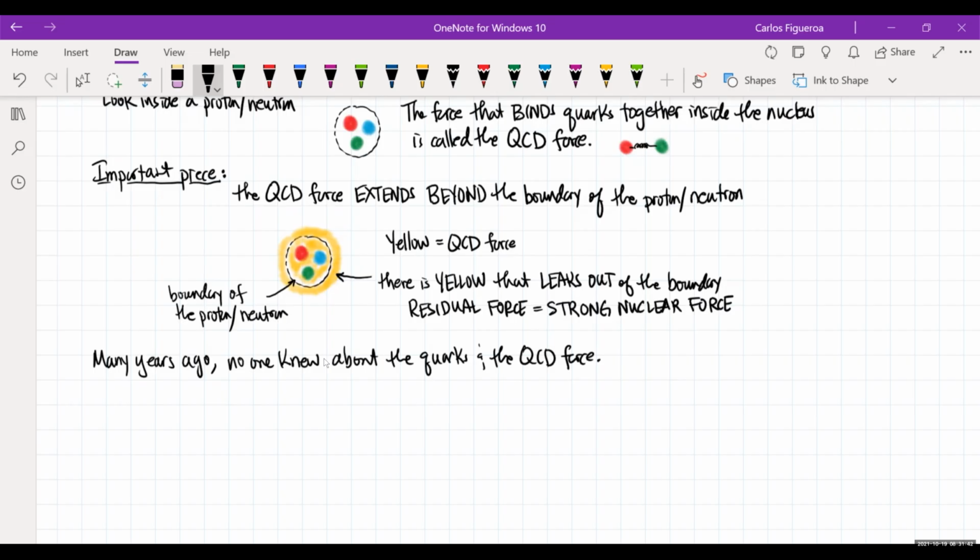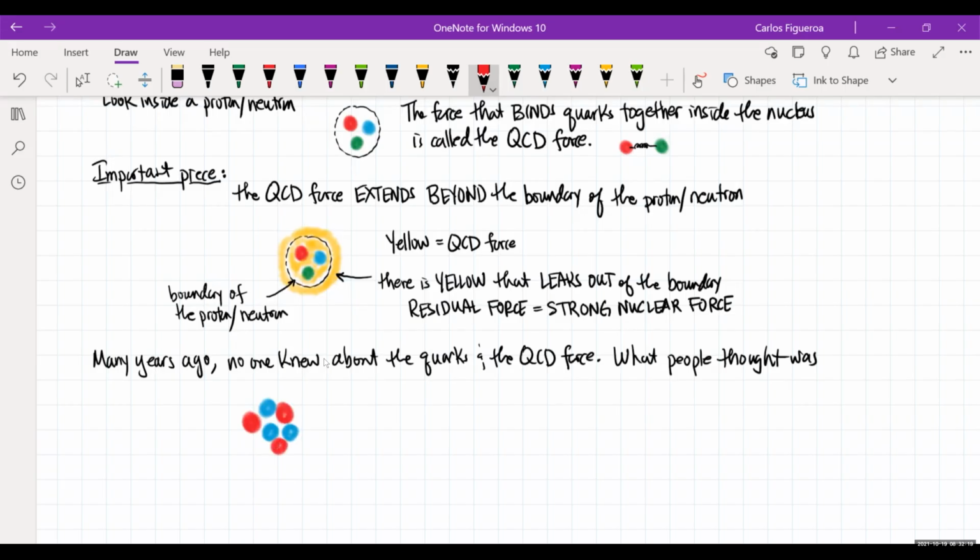And so what scientists or people thought was when you had a proton and a neutron, imagine that here I have protons, and they're inside the nucleus, and here I have a neutron, a neutron, a neutron, maybe I have a proton right here.